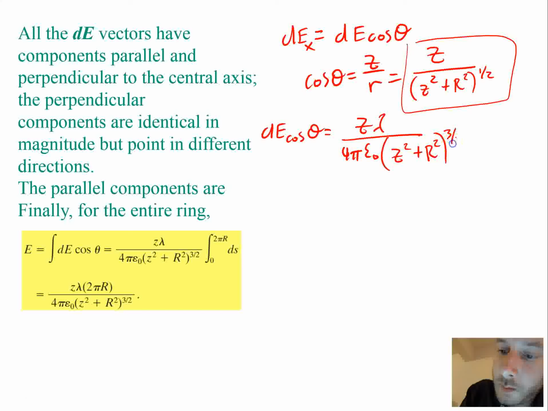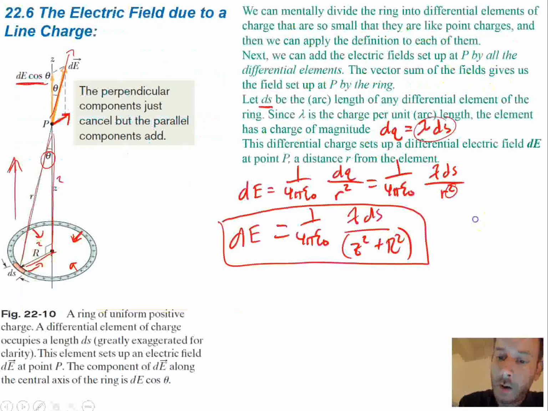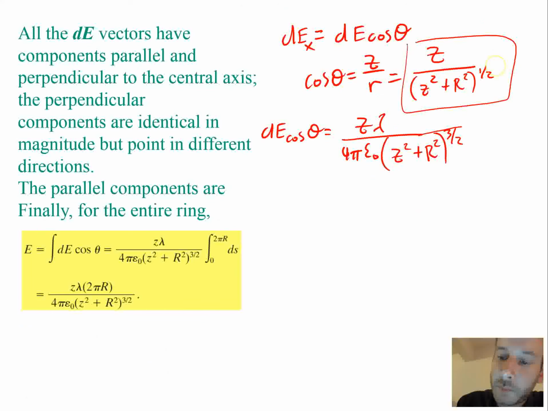And this is going to be to the 3 over 2 now, because we're multiplying in a 1/2, and we already had one. If you look back here, we already had 1 z squared plus r squared, and we're adding in another half by multiplying it in. Now this z here gets displaced on the top there. This whole thing multiplied by ds.